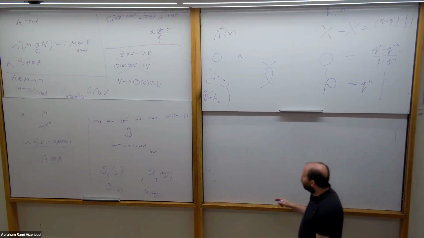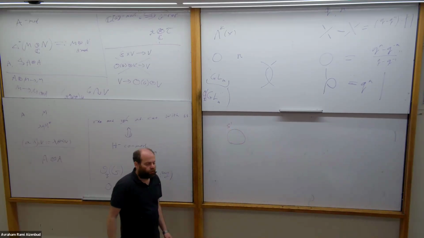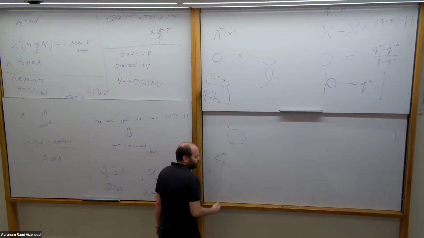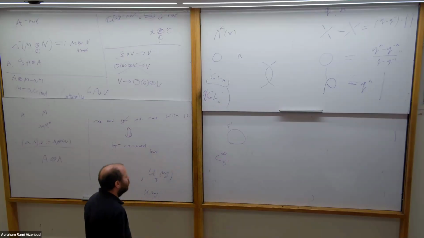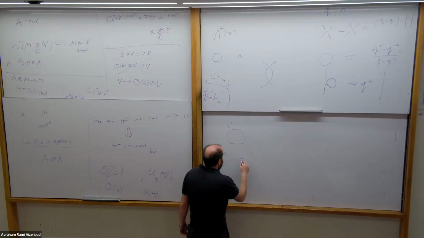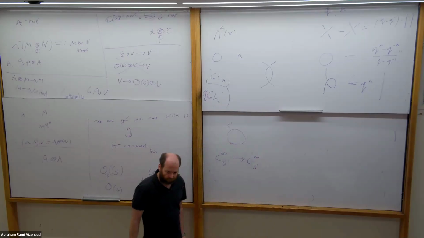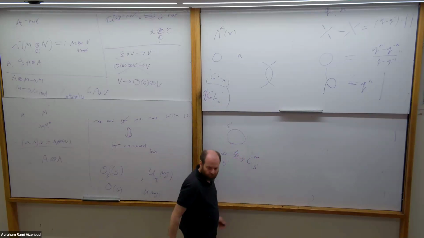So here is a nice example. You have S1, and you have the sheaf of smooth functions on S1. Sections on an open set are smooth functions, and you have another copy of the same sheaf. And you have the derivative here.